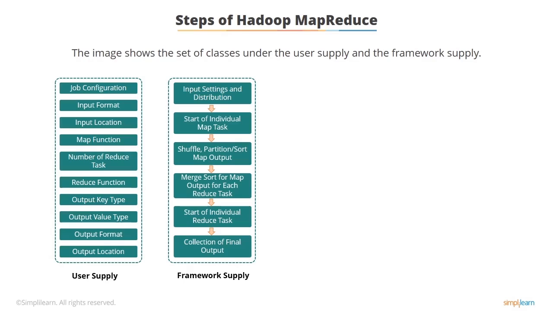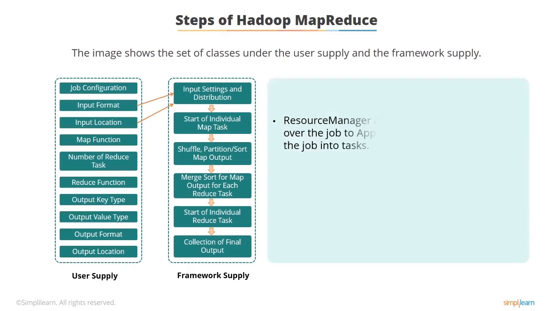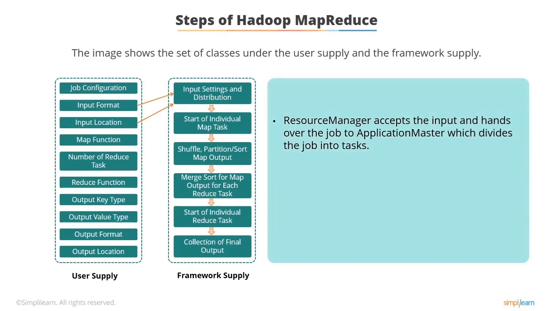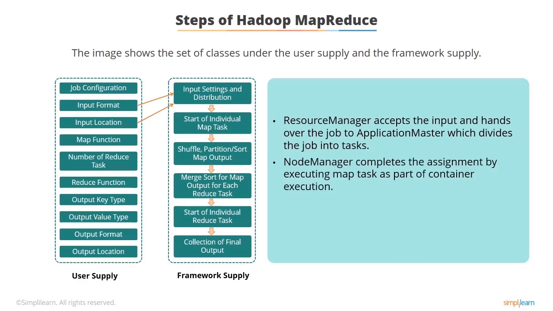As shown in the image, the user provides the input location and the input format as required by the program logic. Once the resource manager accepts the input, a specific job is divided into tasks by application master. Each task is then assigned to an individual node manager. Once the assignment is complete, the node manager will start the map task.